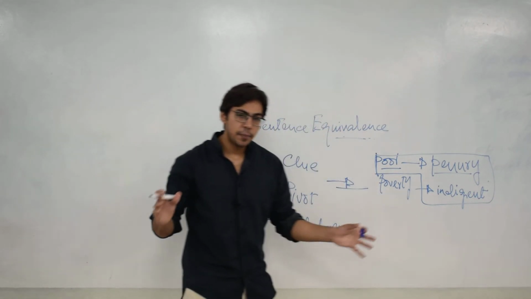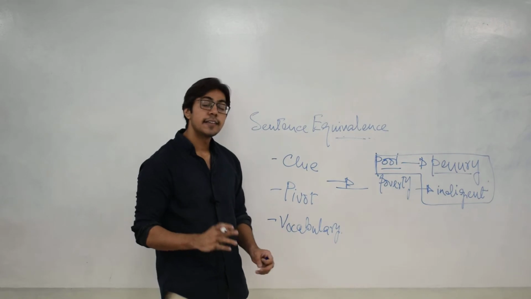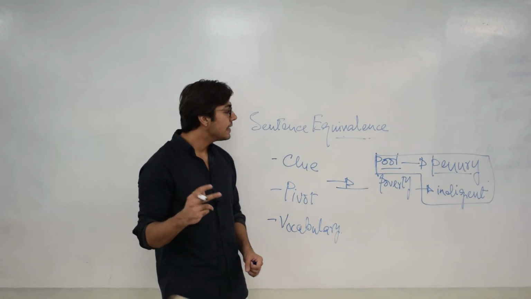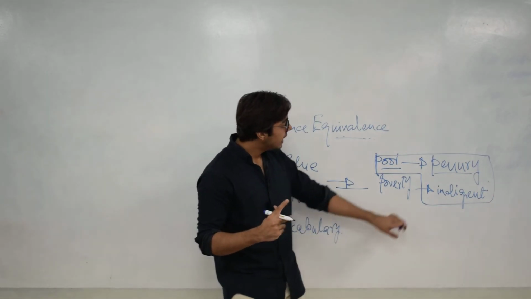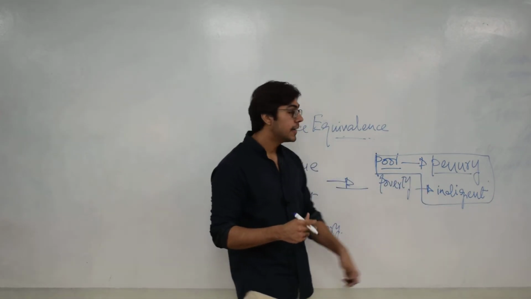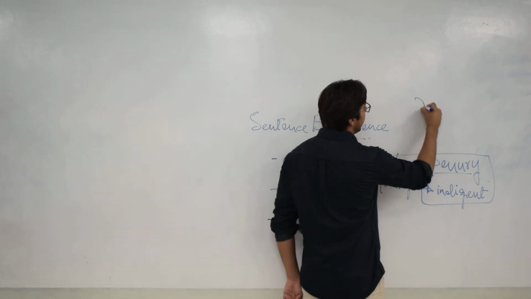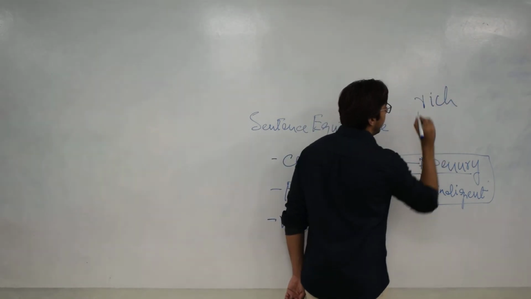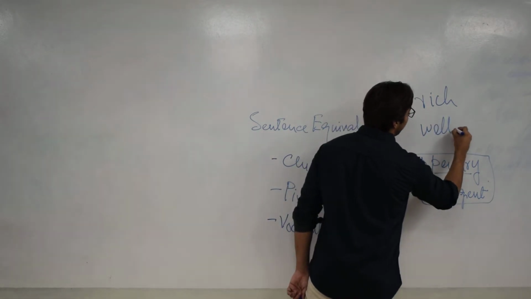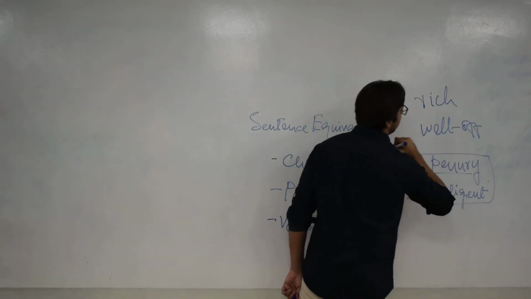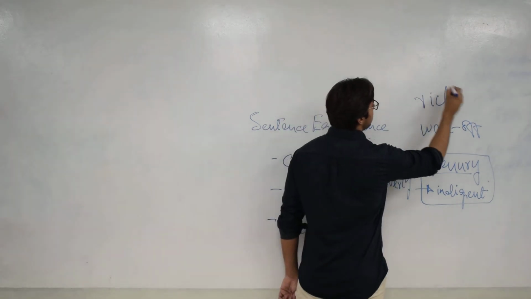Now what usually happens in GRE is you have sets of 2. So either you would have 2 sets of synonyms. So you would have penury and indigent, right? And you would have, let's say, rich, and let's just to make it easy, someone who's well off, or say riches and luxury.